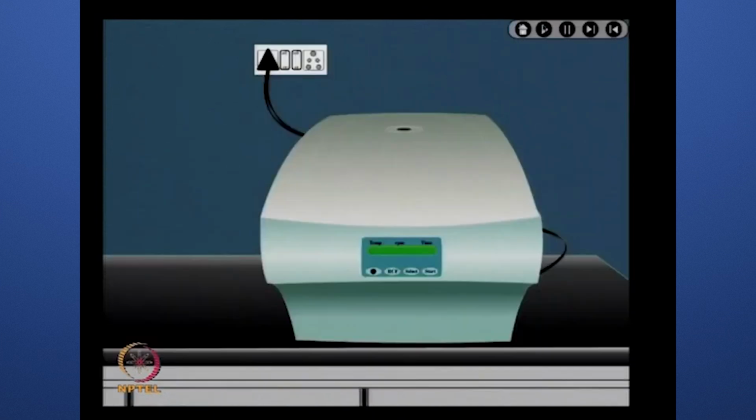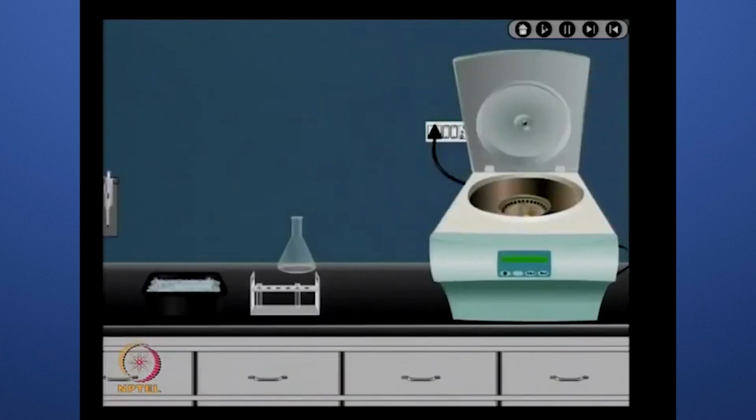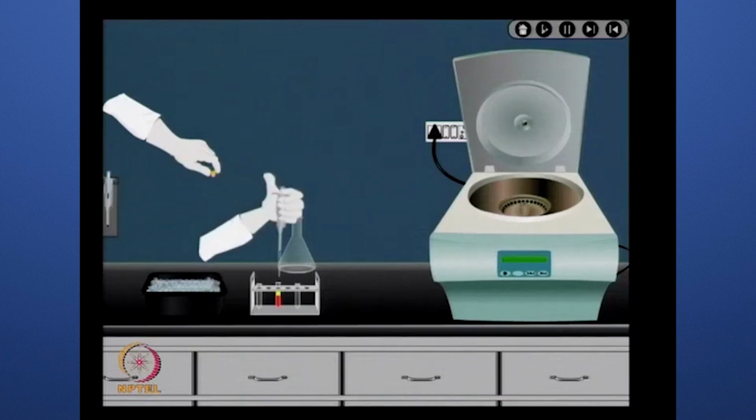After clotting, the samples are centrifuged at 12,000 rpm at 20 degrees for 10 minutes. Serum can be separated and multiple aliquots can be made for further storage at minus 80 degrees.